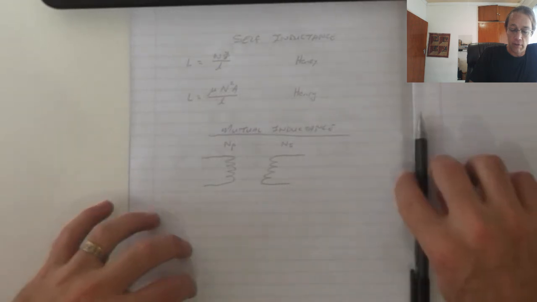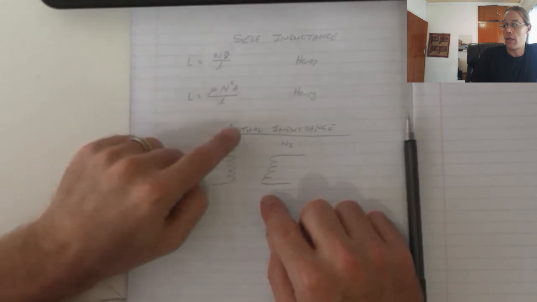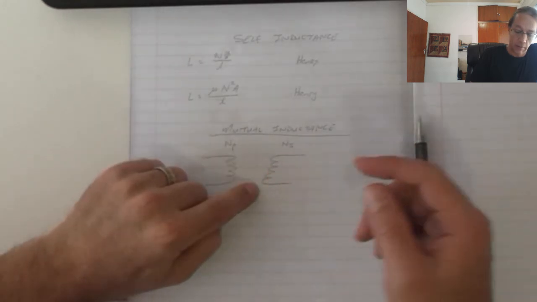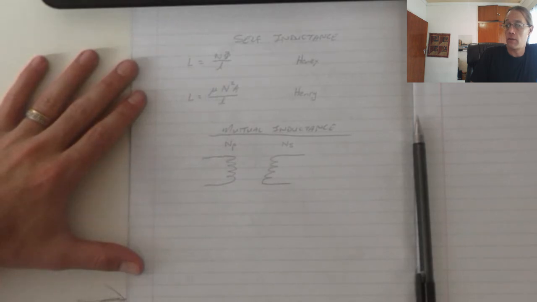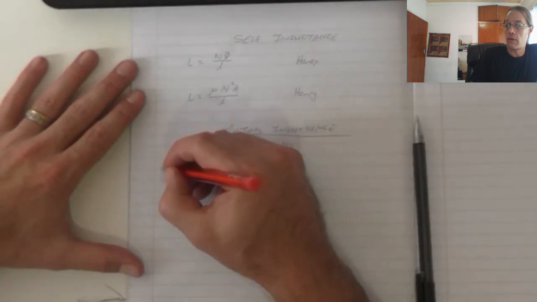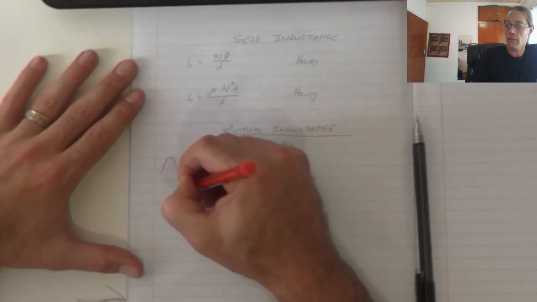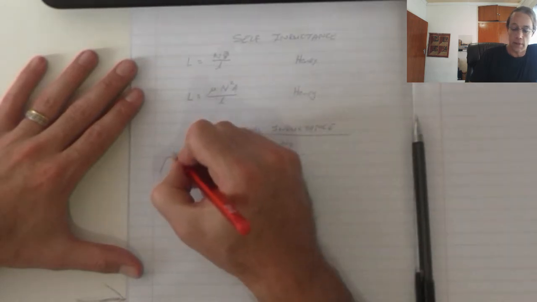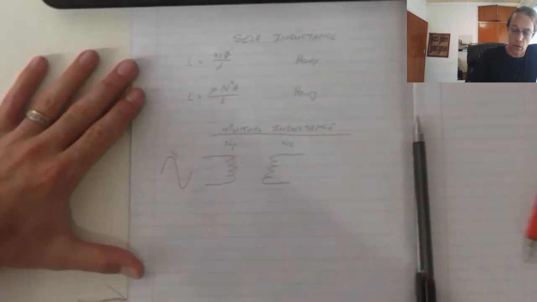Now, in grade 10 you learned that when a conductor experiences a change in magnetic field, it will create a voltage. So I am going to supply my primary coil with a sine wave of voltage. Call this the primary voltage.